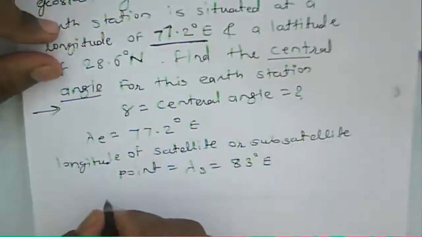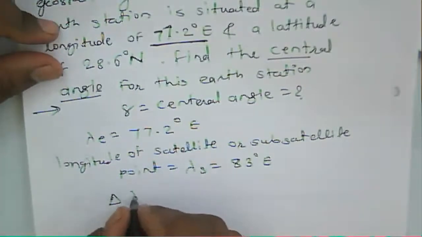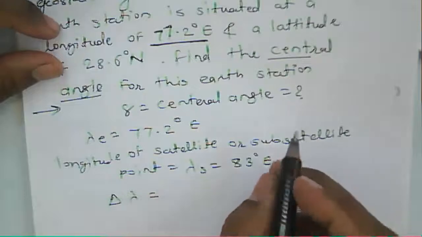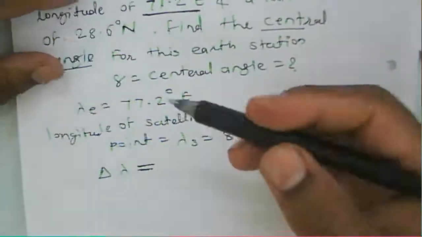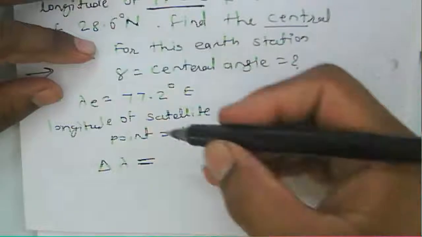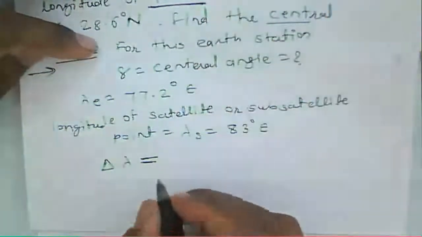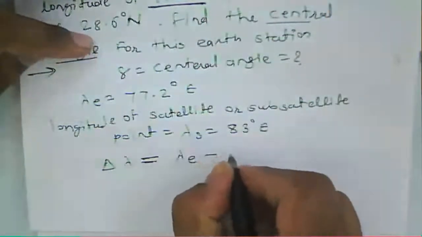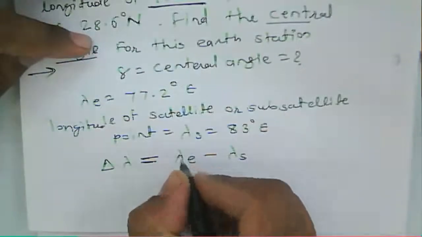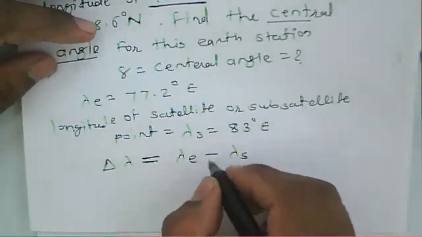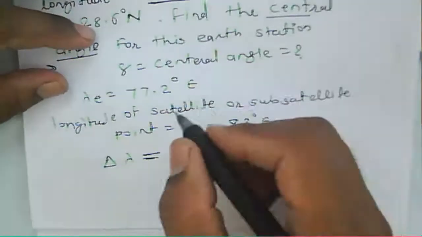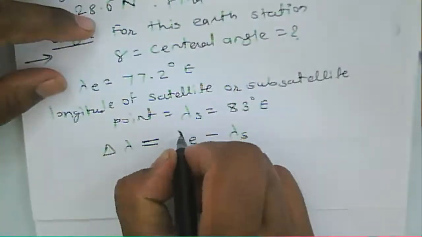So from that we can find out the difference of this longitude. That is the difference of longitude from the Earth station to the sub satellite point, that is lambda e and lambda s here. Some people have mentioned phi e, phi s, so we have used this notation here.